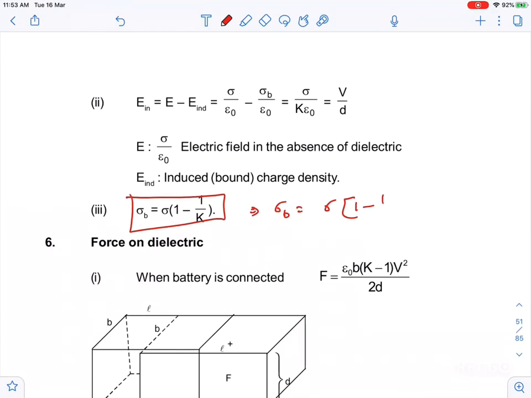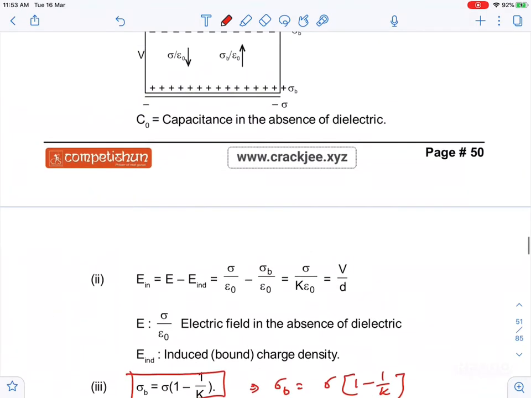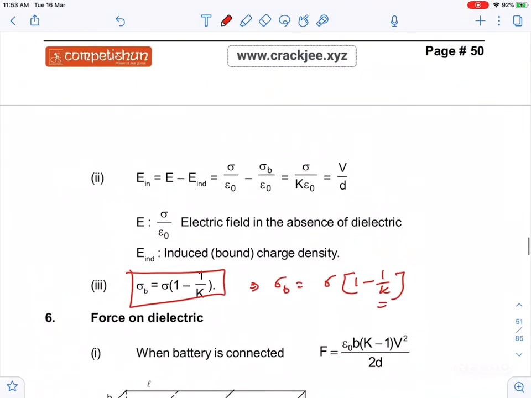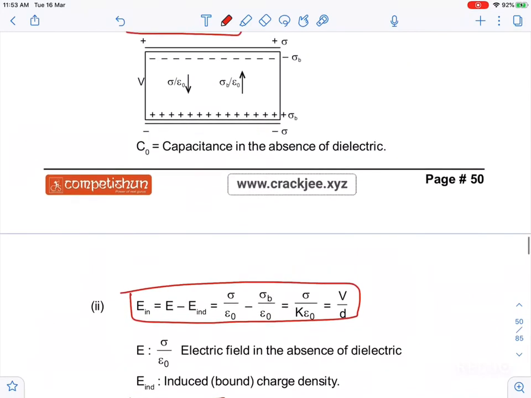Sigma b is equal to sigma (1 minus 1 by k), where k is the dielectric constant. You should remember that this is induced. One thing I want to tell you here: E inside is equal to E minus E induced.